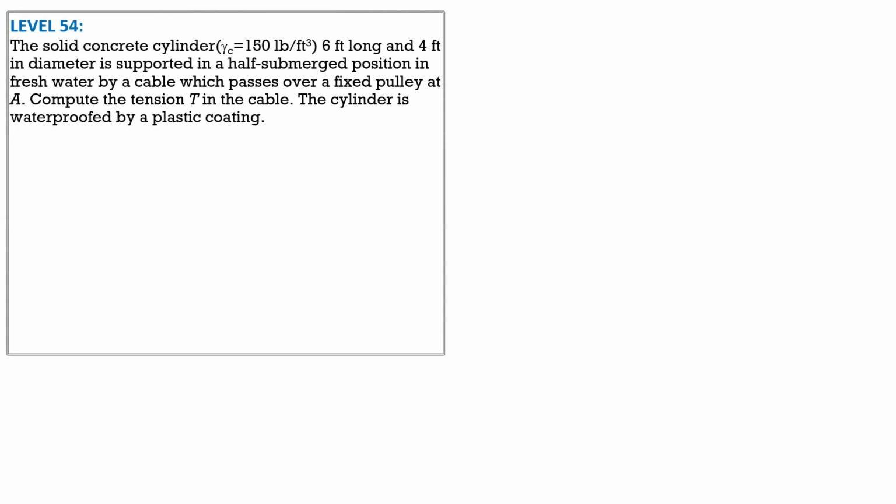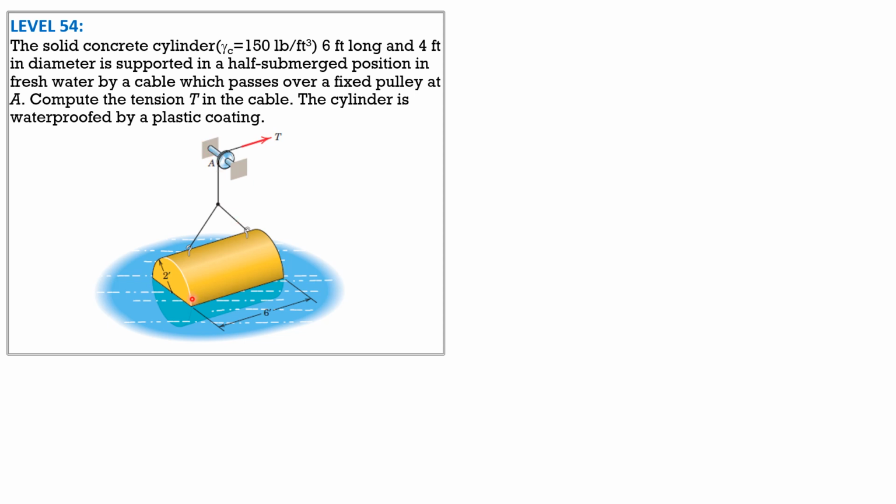Level 54. The solid concrete cylinder of specific weight 150 pounds per cubic foot, 6 feet long and 4 feet in diameter, is supported in half-submerged position in fresh water by a cable which passes over a fixed pulley at A. Compute the tension T in the cable. The cylinder is waterproofed by a plastic coating.